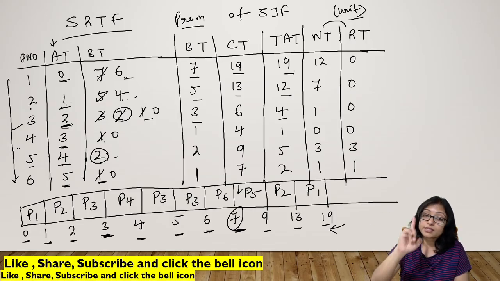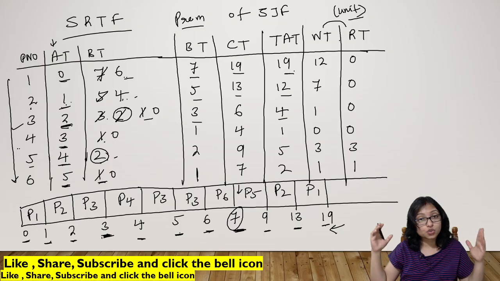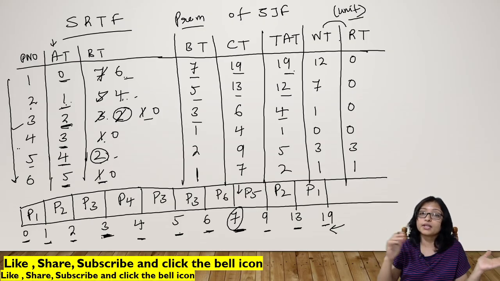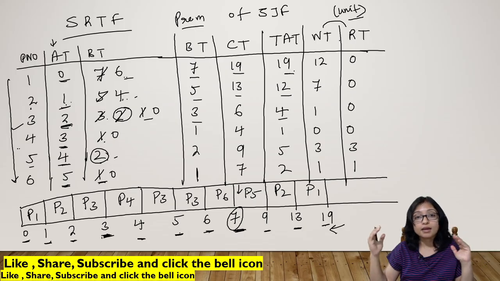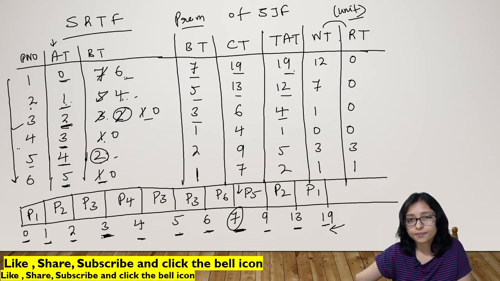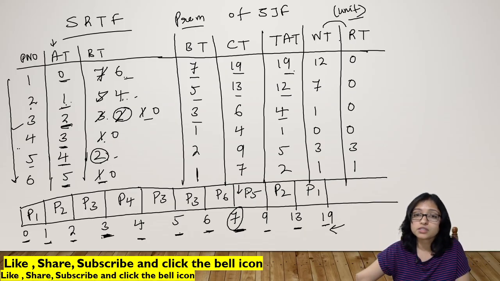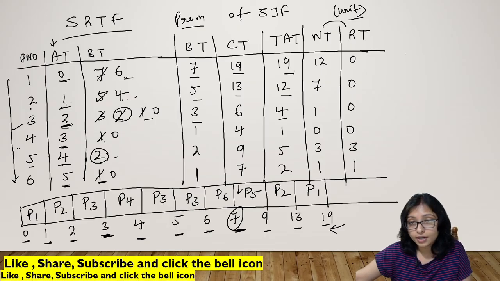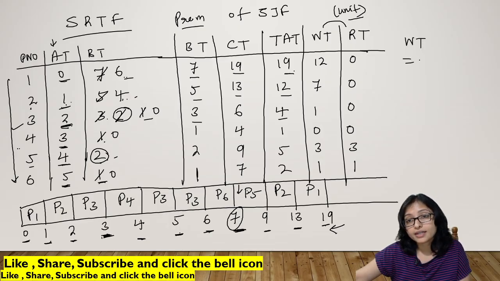Response time is whenever the CPU gets the chance for the first time, minus the arrival time. But waiting time is the total time you spend waiting: turnaround time minus arrival time, minus the burst time. That was our waiting time, right? So our waiting time was turnaround time minus burst time.